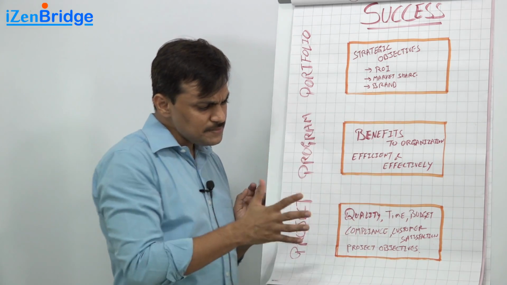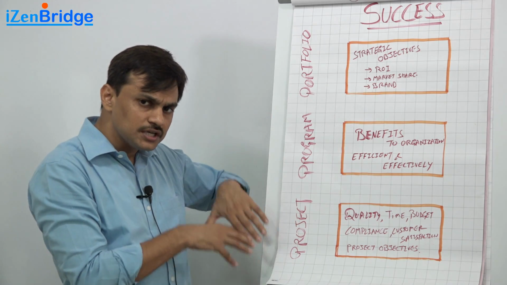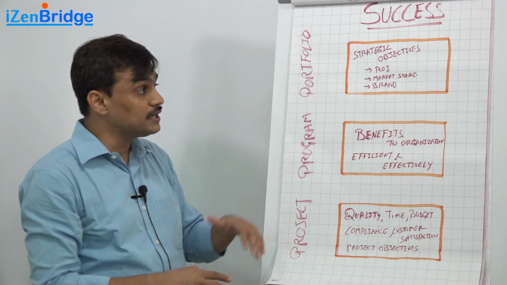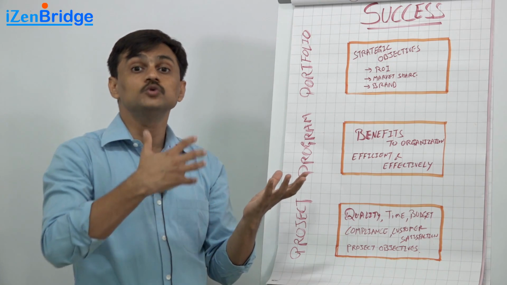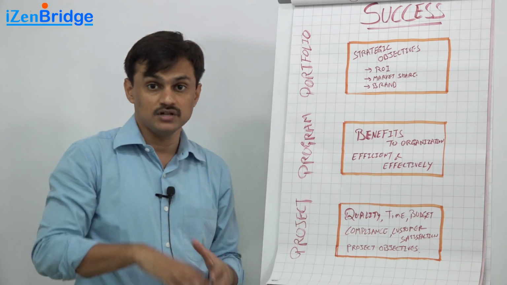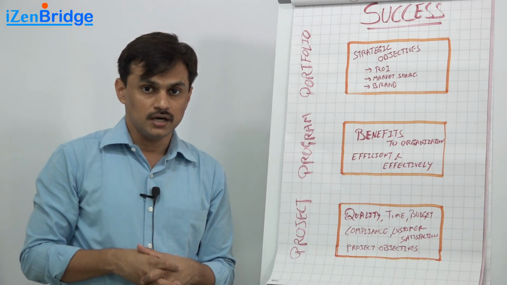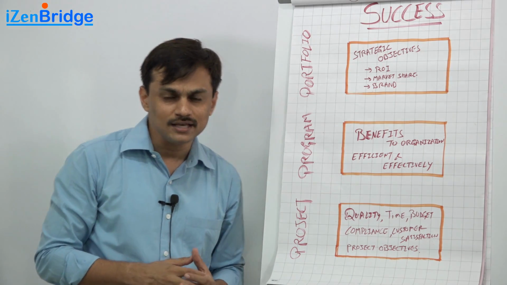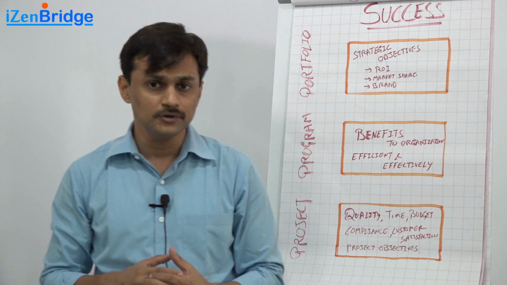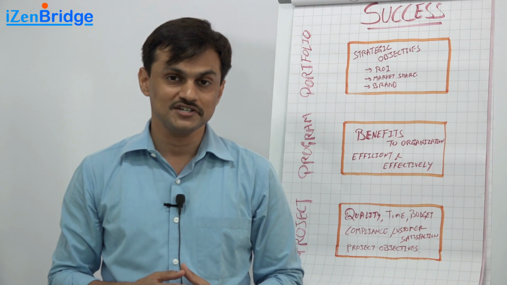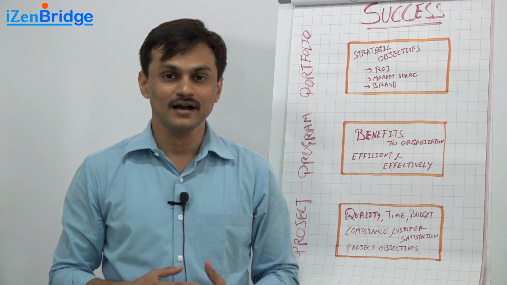So in a simple way, here you have more execution and detailed success measurement, and here they are more and more outcome based. So what we get once we are done with all those initiatives. So this is how we can think of the difference between project, program and portfolio using various dimensions as explained in the PMBOK Guide 6th edition.